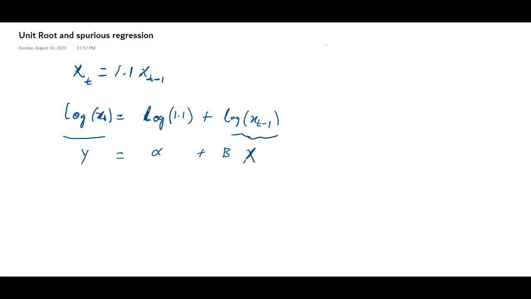So our equation is linearized. Now log 1.1, which actually contributed to the growth, is a constant term equal to alpha. Each and every time we take the log of 1.1, that will be a constant value. Because of taking the log, we have removed the element of growth, and we have made this relationship stationary.